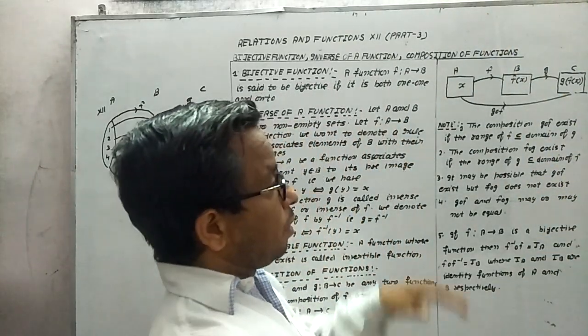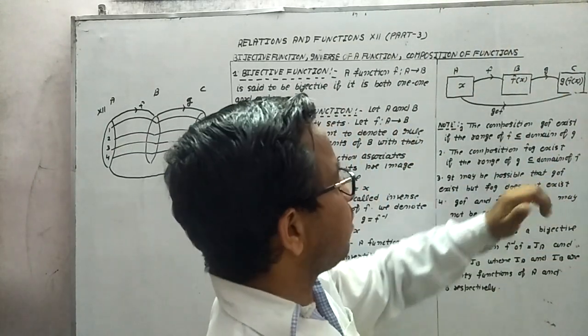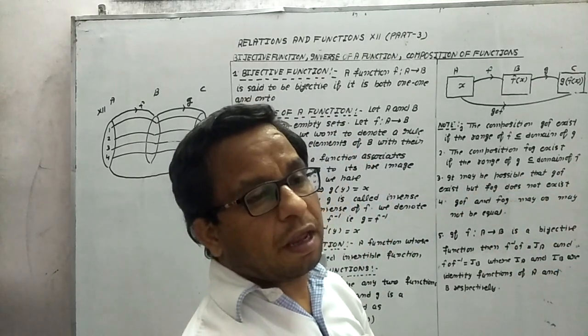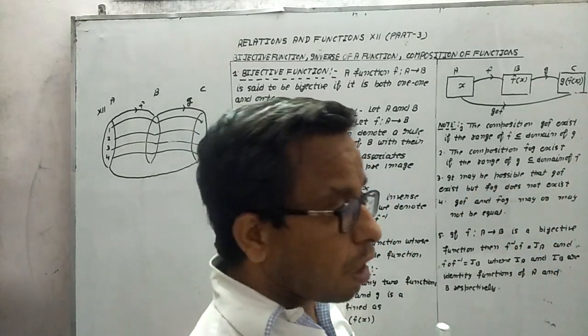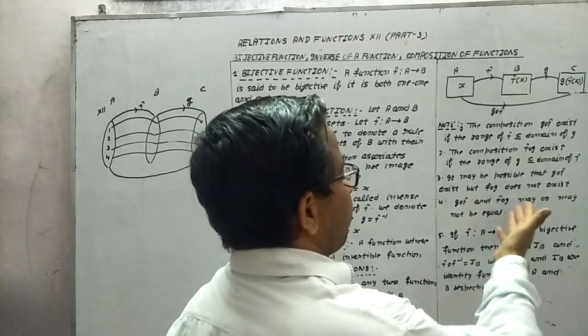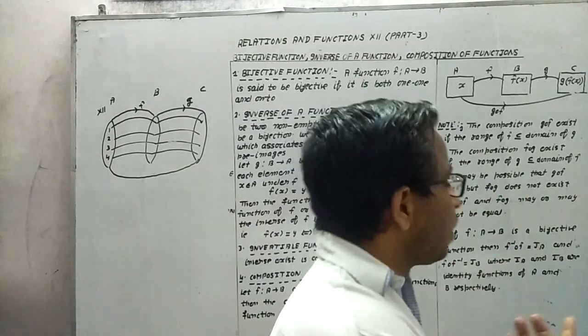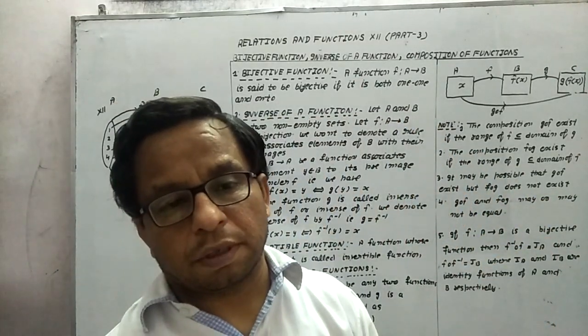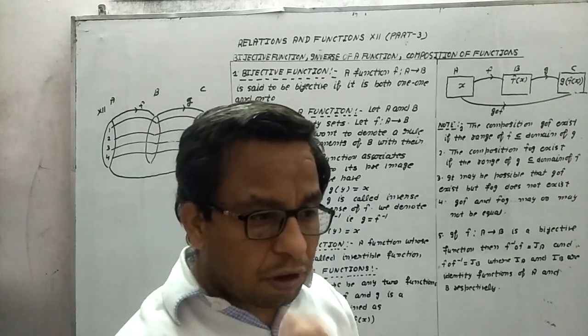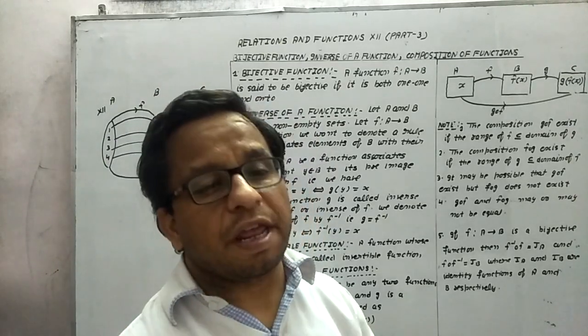Another thing, it can happen that gof exists but fog does not exist. And it is also not compulsory that gof and fog are equal. It means gof may or may not be equal to fog.